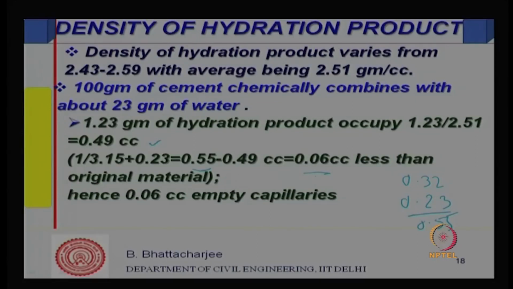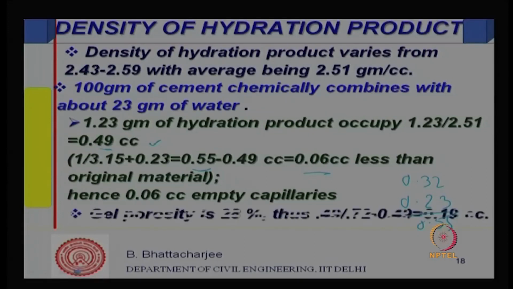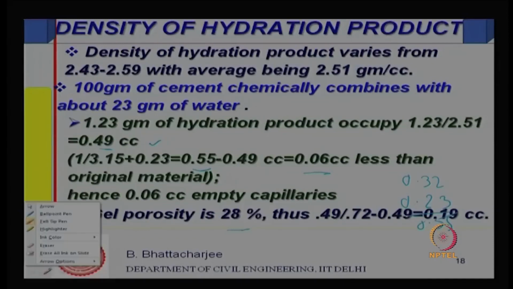But this 0.49 actually has internal pores, and this is typically 28%. So, it has internal pores of 28%, and 0.06 cc of water remains aside, but this 0.49 will actually occupy much higher than 0.49, because 28% characteristic porosity is there.